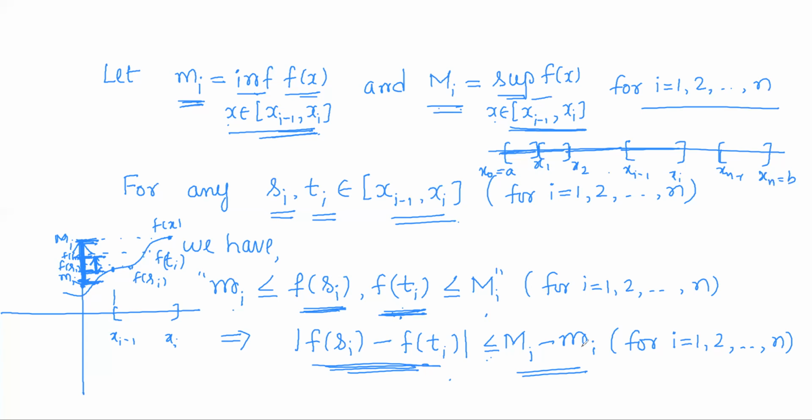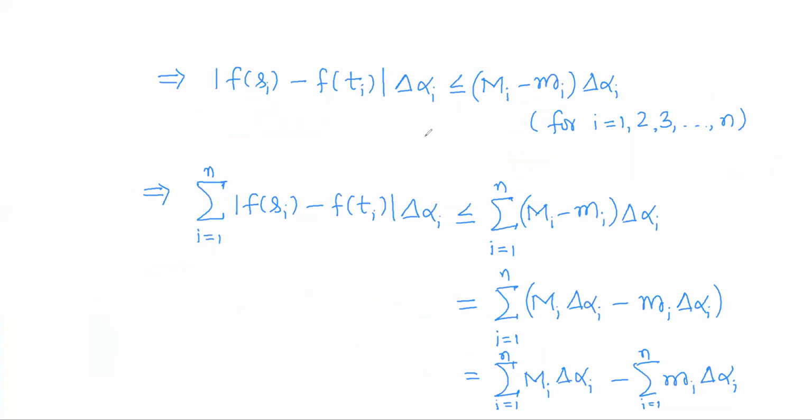Now, to this inequality, multiply delta alpha i on both sides. For each i, delta alpha i is defined to be alpha of xi minus alpha of xi minus 1. As alpha is a monotonically increasing function and xi is greater than xi minus 1, delta alpha will be non-negative.